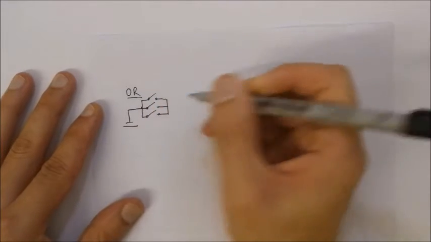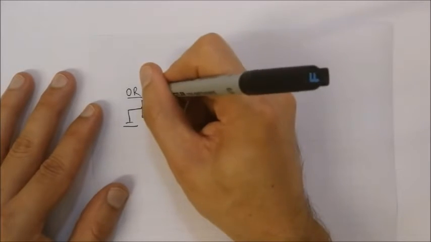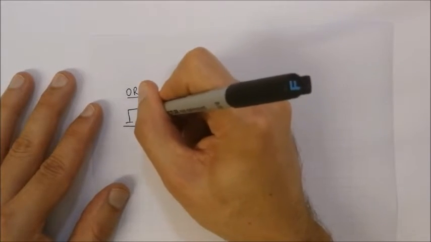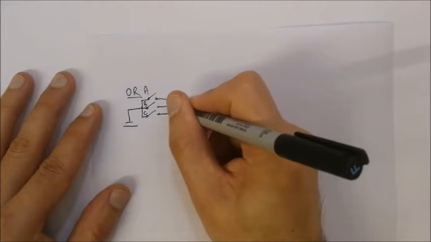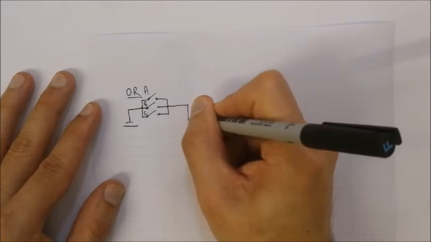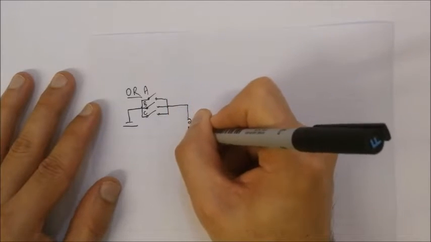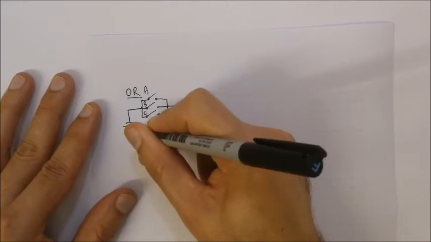So in this case we've got 3 switches that are parallel to each other. So that's going to be A, B, and C. And then we're going to go through our light bulb, which will then go back to the battery.